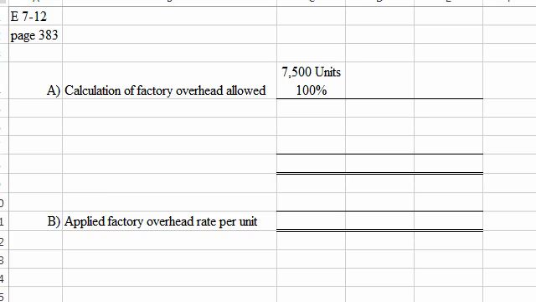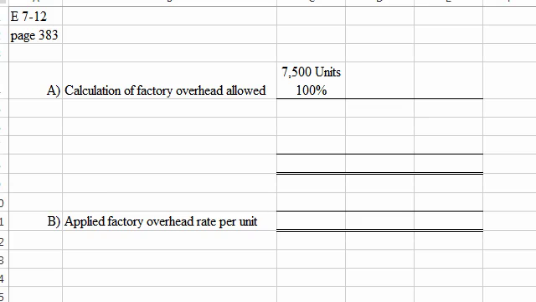The normal capacity of a manufacturing plant is 7,500 units per month. Fixed overhead at this volume is $10,000. Okay, and variable overhead is $15,000. Additional data follow.